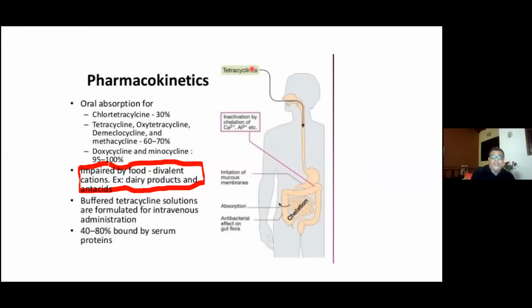When tetracycline is given with some of these medications or food, mainly food rich in cations, calcium, aluminum, and iron, they interfere. Calcium you get in dairy products, aluminum in antacids, and also iron preparations. When you take these preparations with tetracycline, they form a precipitate in the gut, and none of them will get absorbed into the body, so both will go to waste. So it is better not to give tetracycline with these medications.